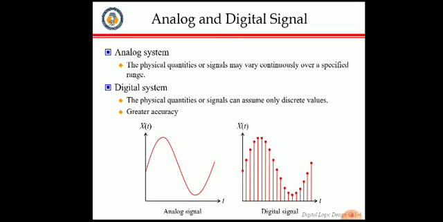Similarly, let us take a digital system example. In digital, the total physical signal is divided into discrete values, and each discrete value is assigned a digital code, and that becomes the digital signal. What is the advantage of this? In the digital system we achieve greater accuracy.